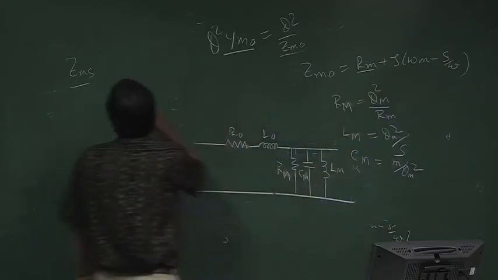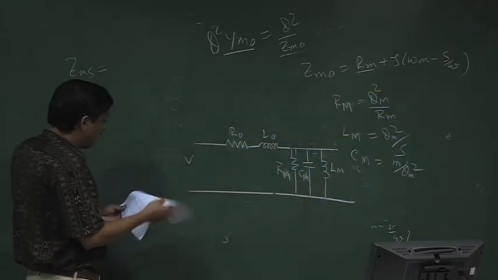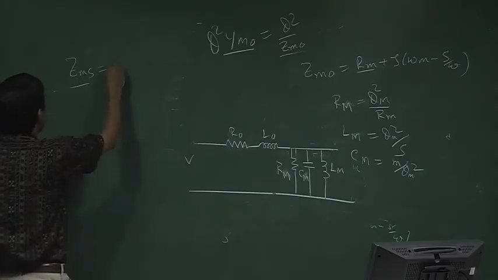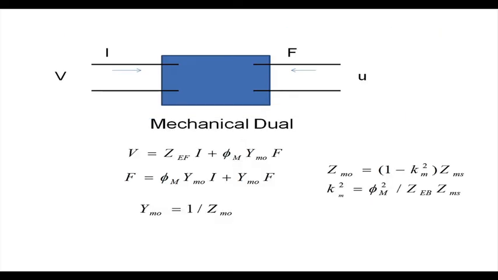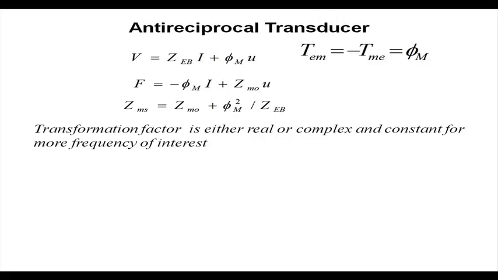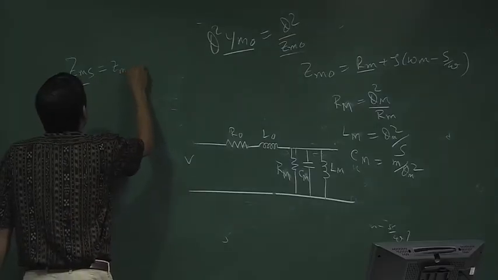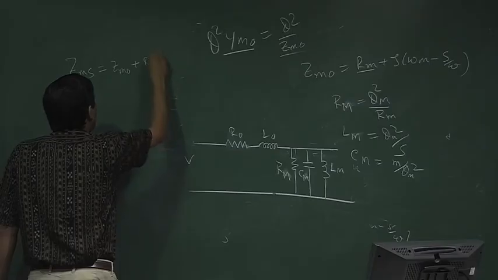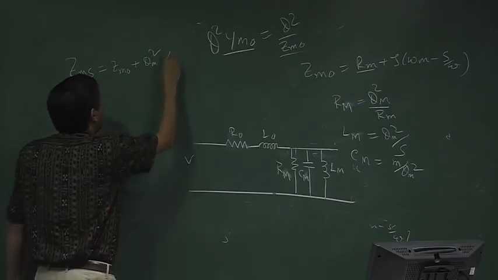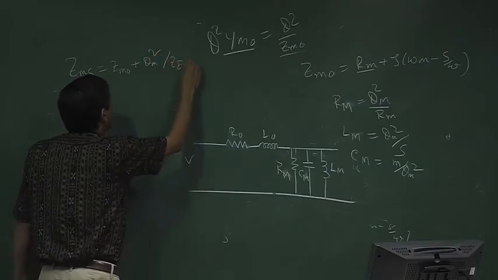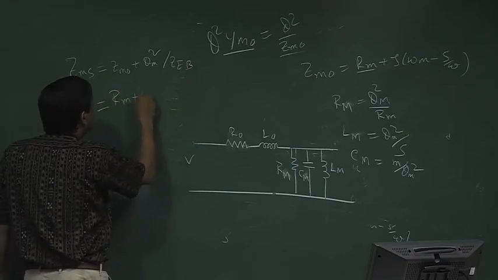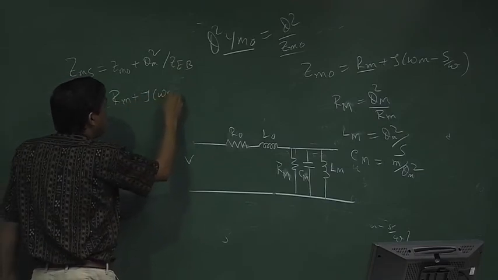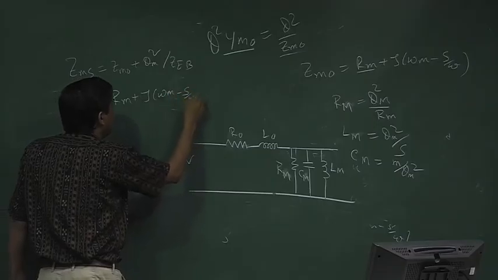If you see these slides, ZMS is nothing but ZMO plus phi m square divided by ZdB.